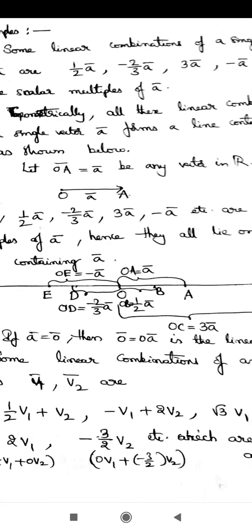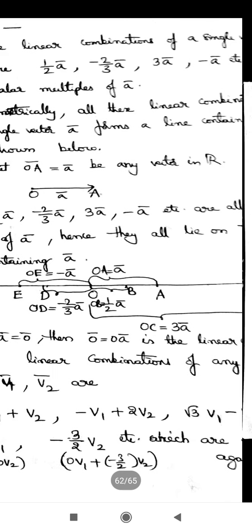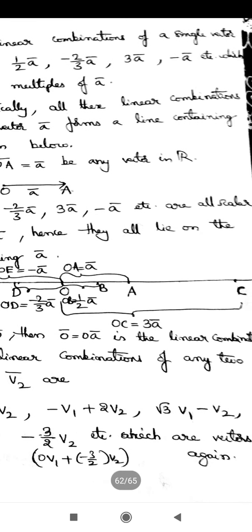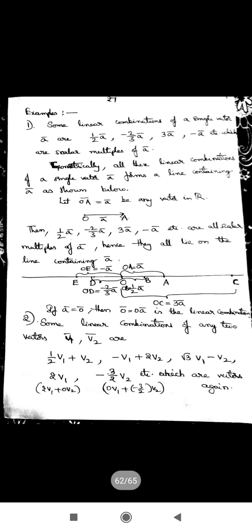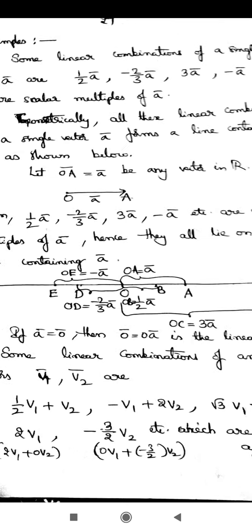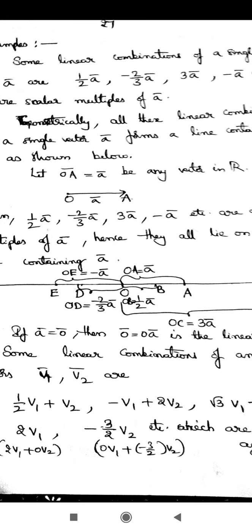The next one I have quoted is minus v1 plus 2 v2, and the third one is root 3 v1 minus v2, and the fourth one is just 2v1. There is no v2 at all. Still we can treat 2v1 as a linear combination of the vectors v1 and v2, because 2v1 can be expressed as 2v1 plus 0v2, as we can see here.